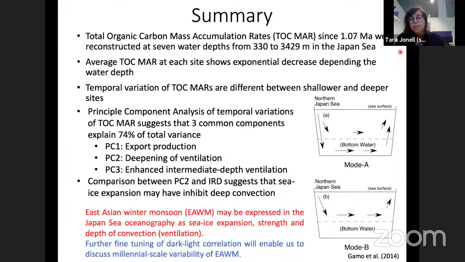So in terms of the sea ice expansion, you mentioned that it's controlled mostly by the winter monsoon. Do you think that some of the sea ice expansion is probably more of a global signal rather than a monsoon signal? Because it did appear to be controlled by these glacial-interglacial cycles, or I don't know if you can tell that yet, based on some of the prior talks we've had in the last month or two.